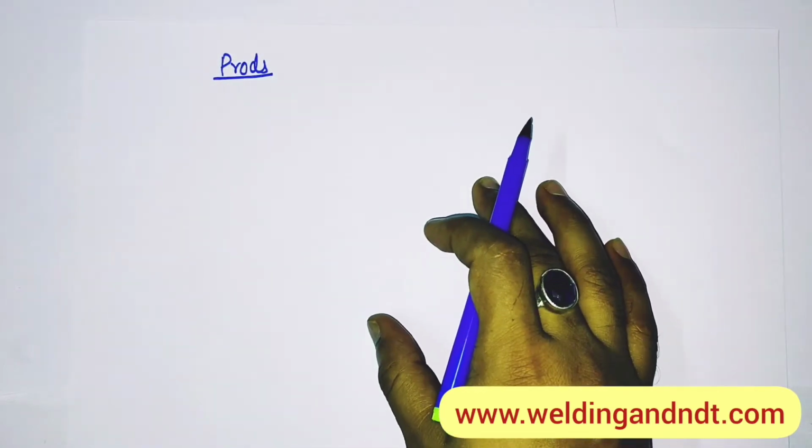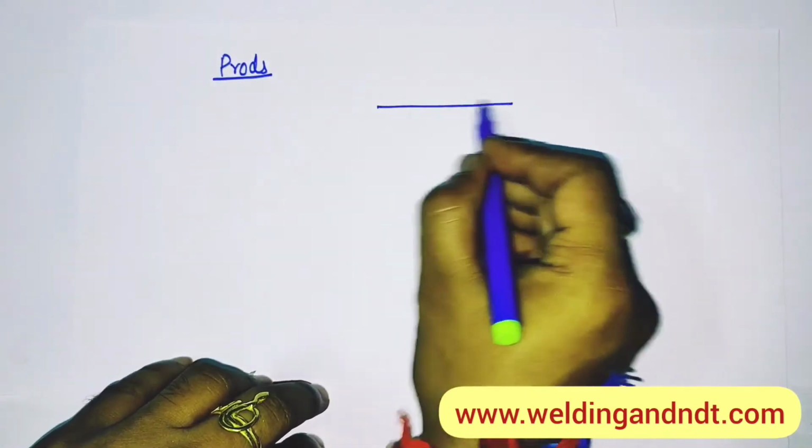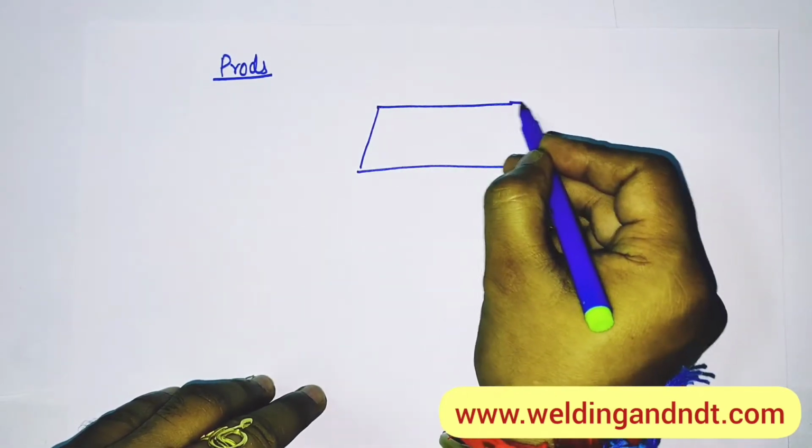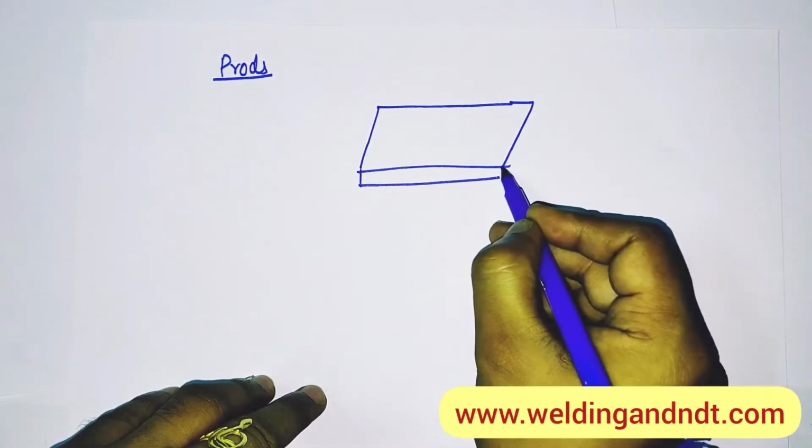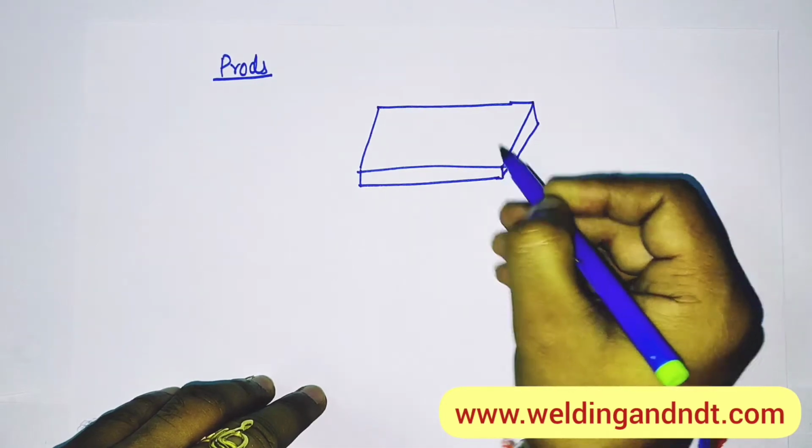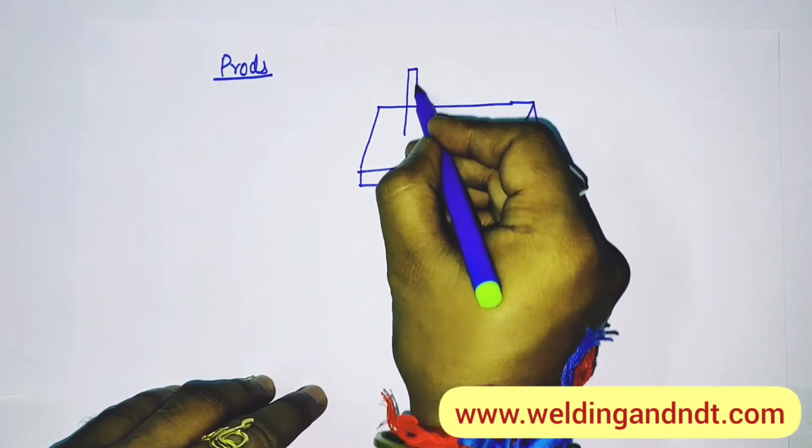Prods are equipment by which you will magnetize the surface for the inspection. Like for example, this is the surface which we have to examine. So prods are nothing but two electrodes.